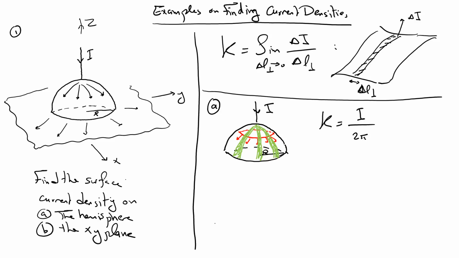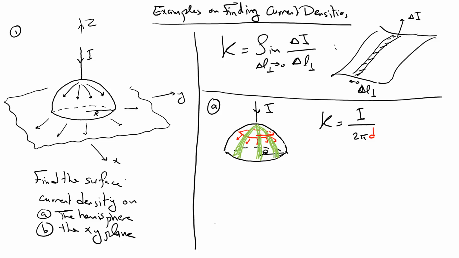Let me use d with a different color to emphasize that this is the d of the circle. We need to express this in spherical coordinates, and this d is not given in spherical coordinates. This is basically the distance from the surface all the way to the z-axis.